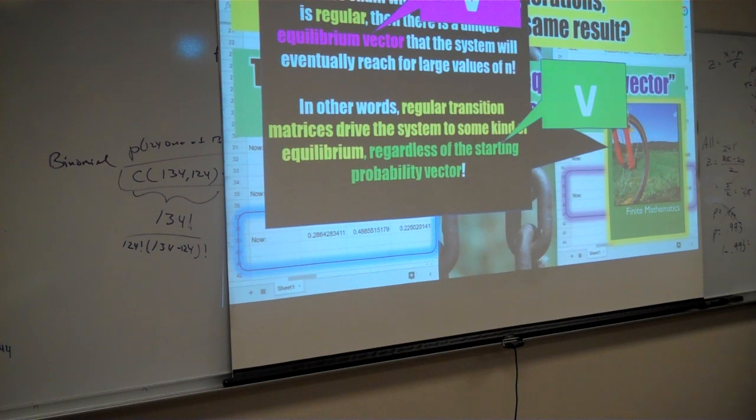Now, your book very confusingly calls that equilibrium vector big V. That is where you head over a period of generations or a period of transitions.